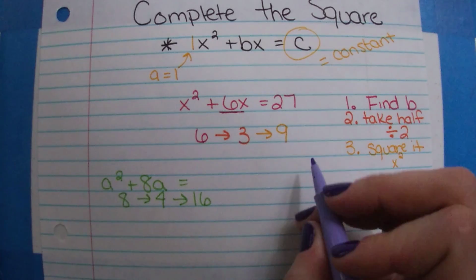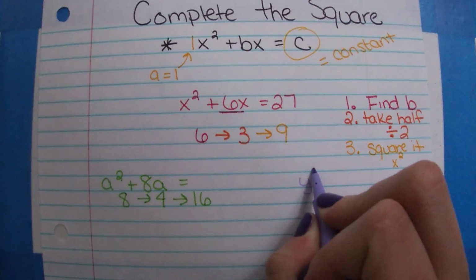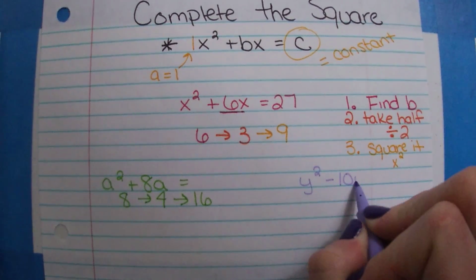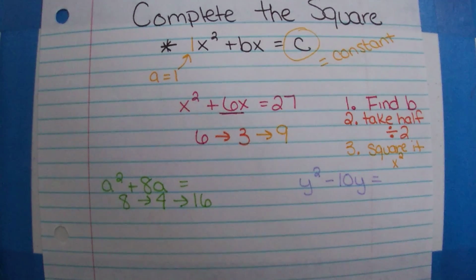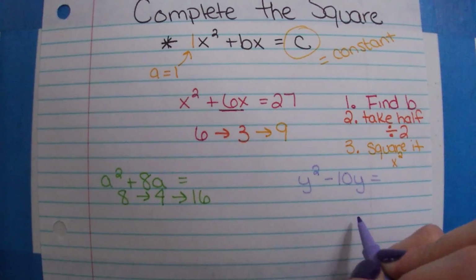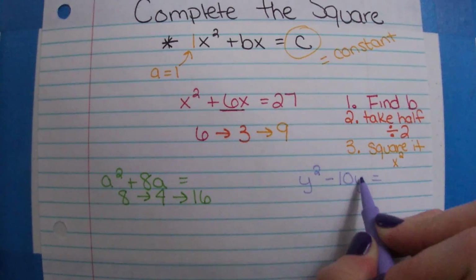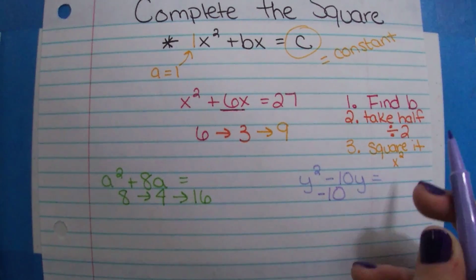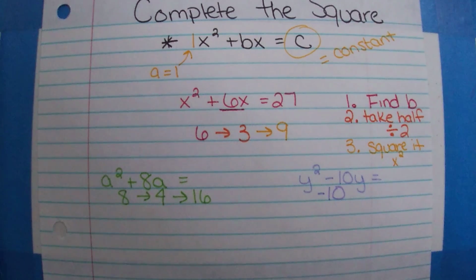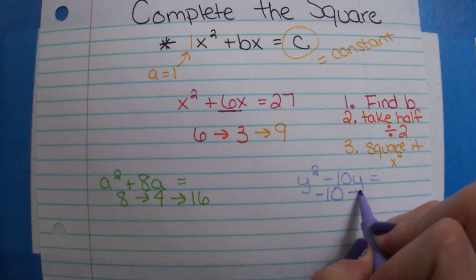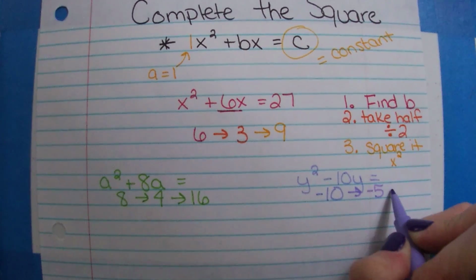Okay, maybe we have something like y squared minus 10y equals whatever, doesn't really matter. Okay, so again, we will find b. Now be careful, because when there's a subtraction sign, right? So that's going to be b is negative 10. Half of that is going to be negative 5.